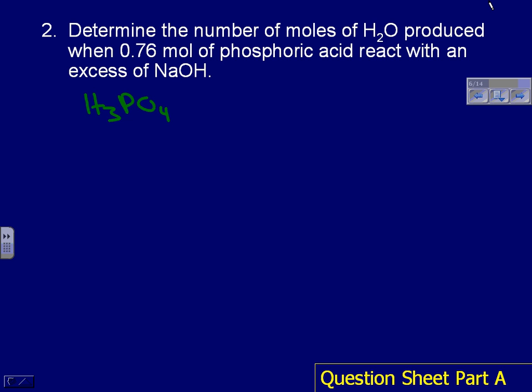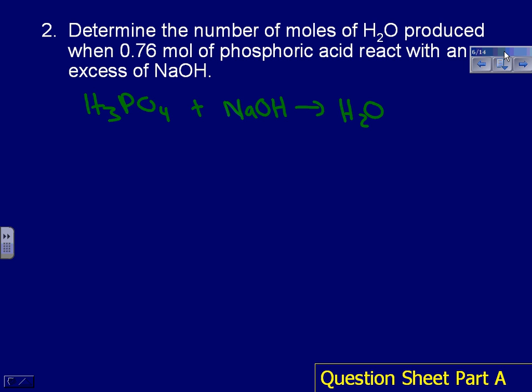H3PO4. NaOH. H2O. You cannot be finished, because that would mean we would have elements disappearing into the abyss. It's still not going to be balanced. You've lost phosphates. You've got sodium gone. What else do I need? There's another product there.